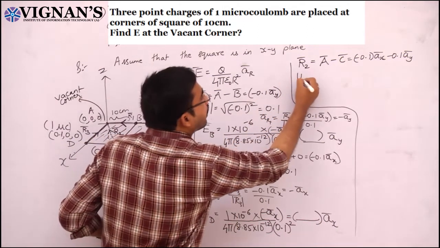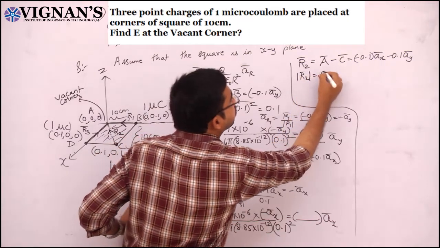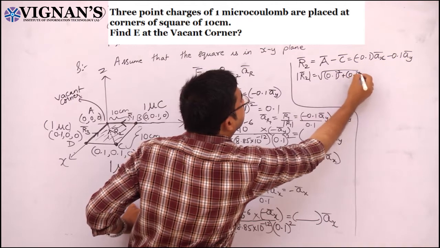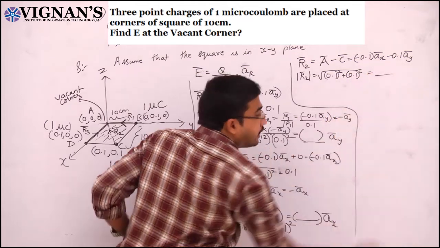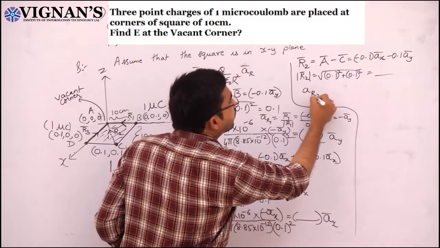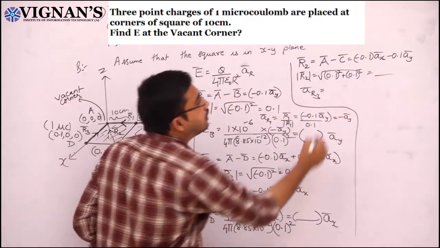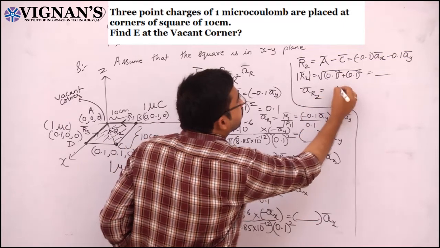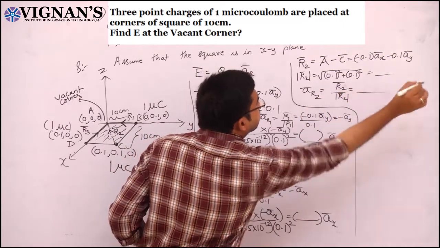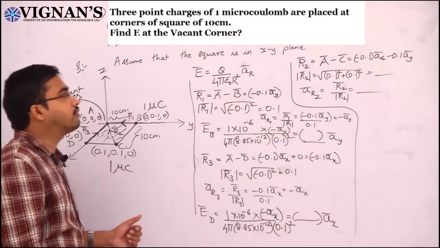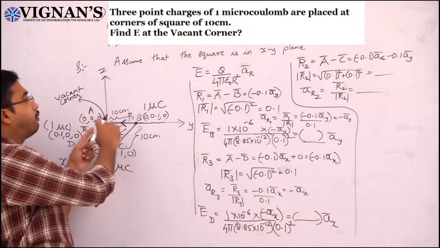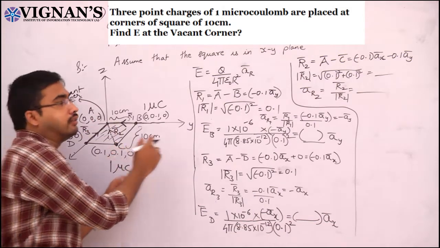Now what is mod R2 bar? Mod R2 bar is root over 0.1 square plus 0.1 square. So you solve this, you will get some value. Solve this using calculators. Now the unit vector acting in this direction is AR2, which is R2 bar by mod R2 bar. Solve this. Okay, you can get the values, very simple. Now how to find the electric field intensity at point A due to the charge at C?